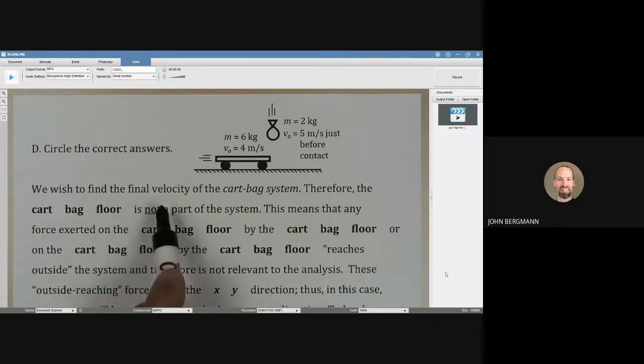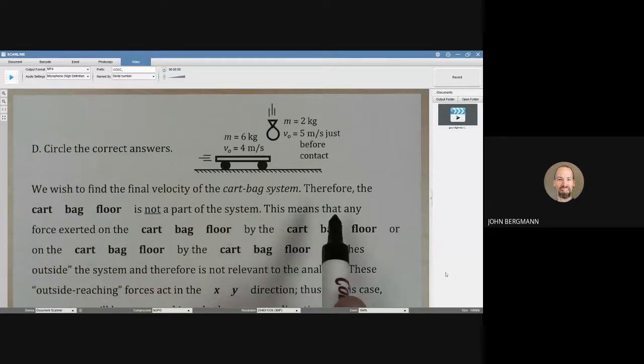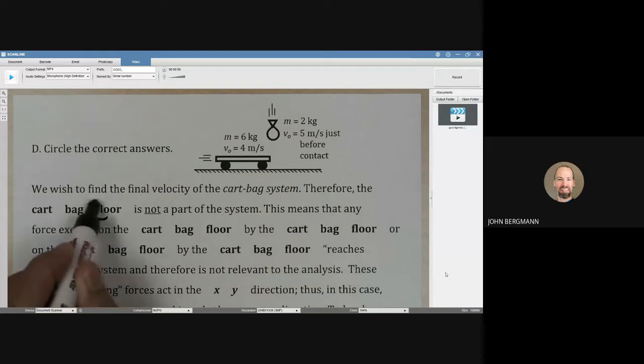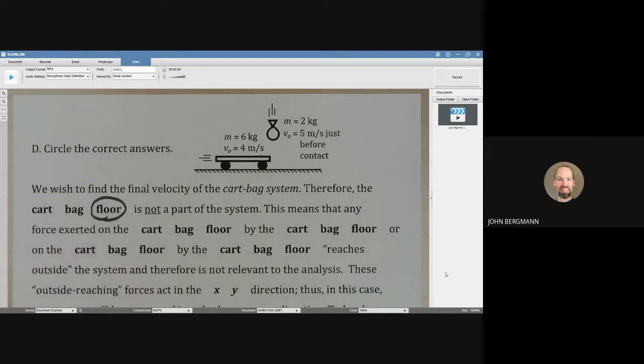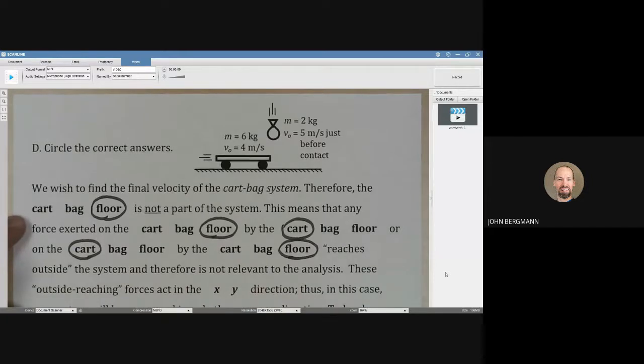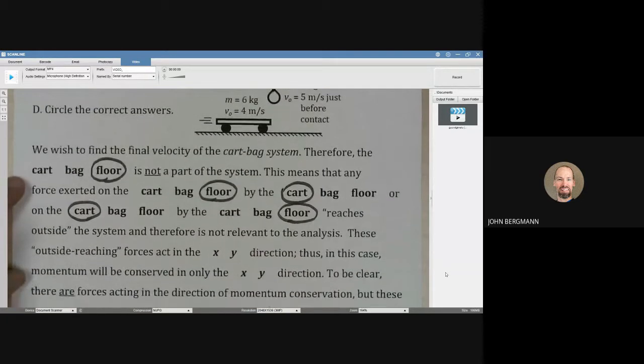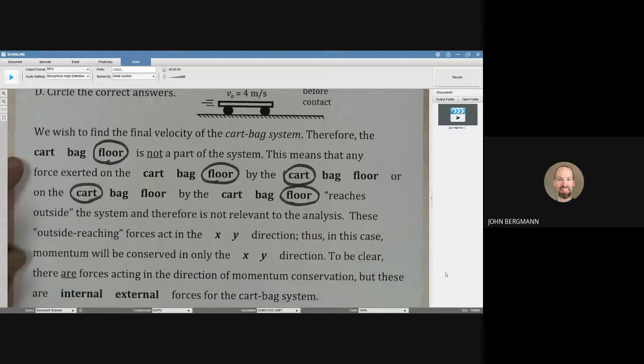Since we want the final velocity of the cart bag system, the floor, therefore, is not a part of the system. This means that any force exerted on the floor by the cart or by the floor on the cart reaches outside the system and therefore is not relevant to the analysis.